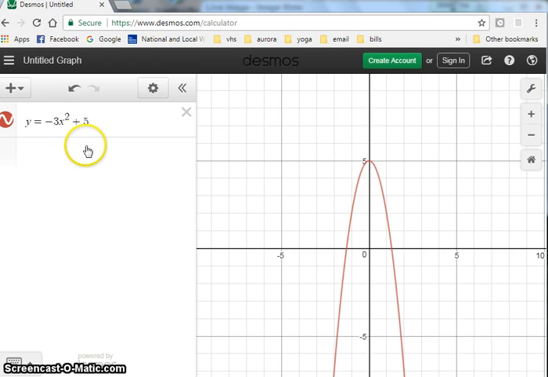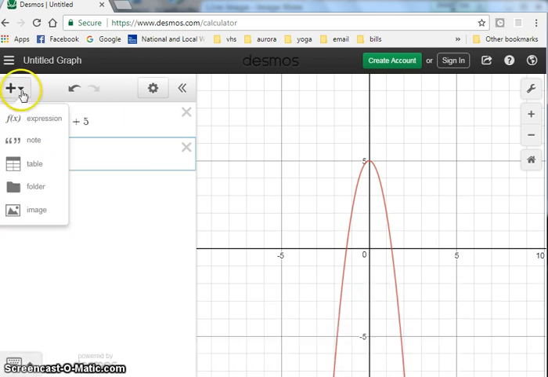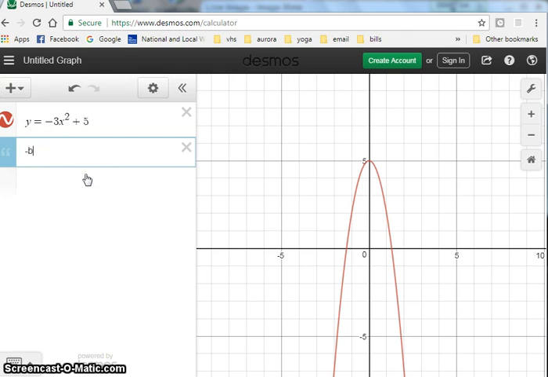So I need to find the vertex. Again, the x-coordinate of the vertex is at negative b over 2a. Typing is bad here.